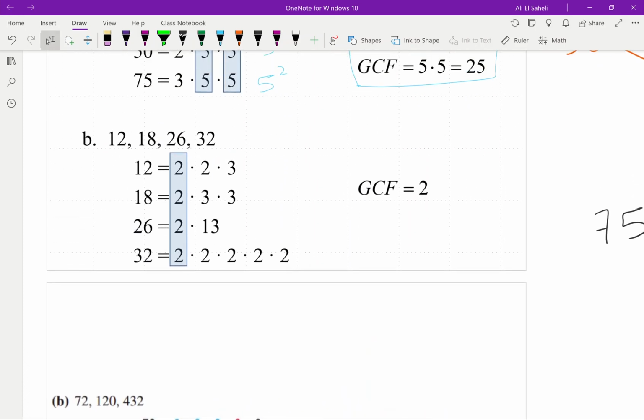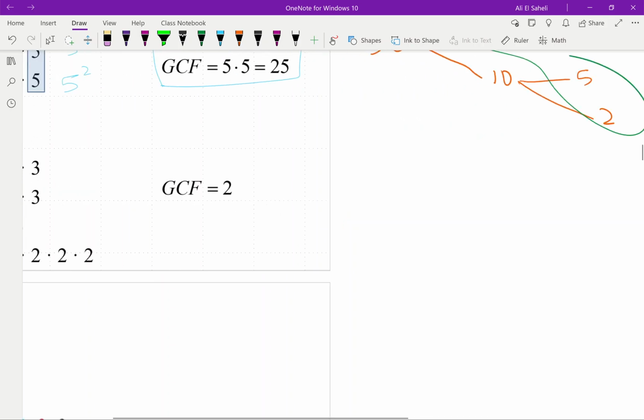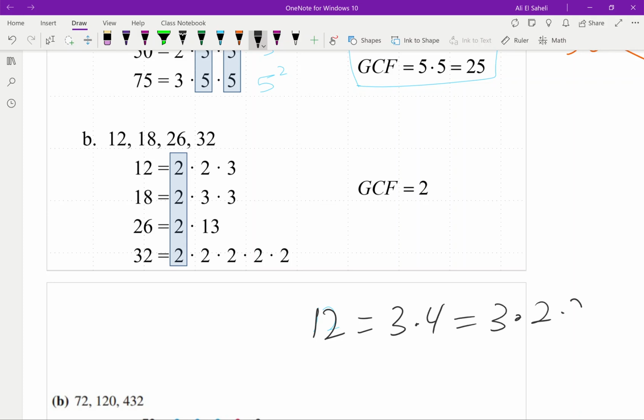12, 18, 26, and 32. 12 is easy. 12 is 3 times 4. 4 is 2 times 2.